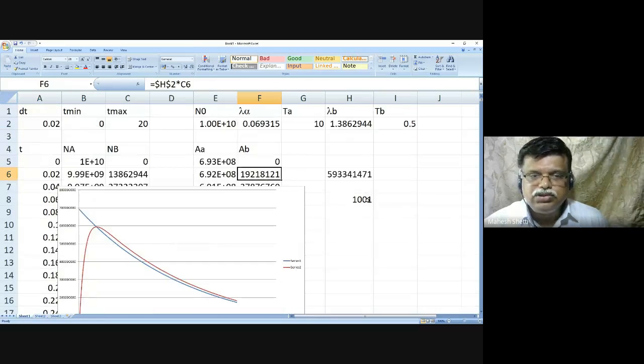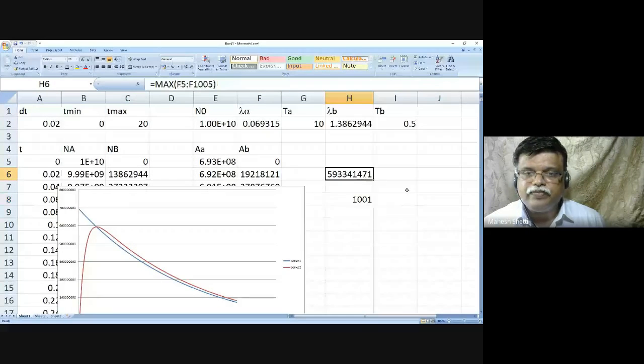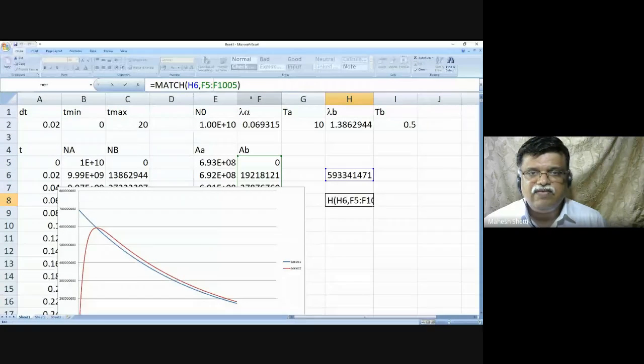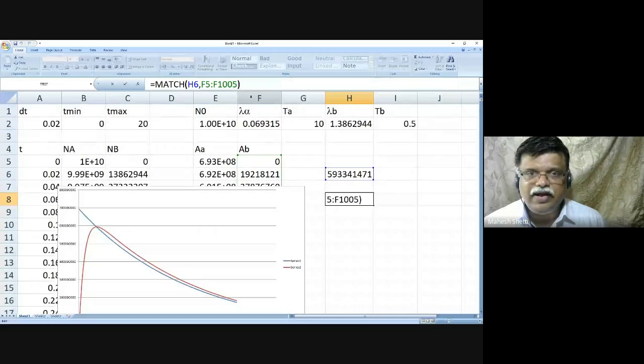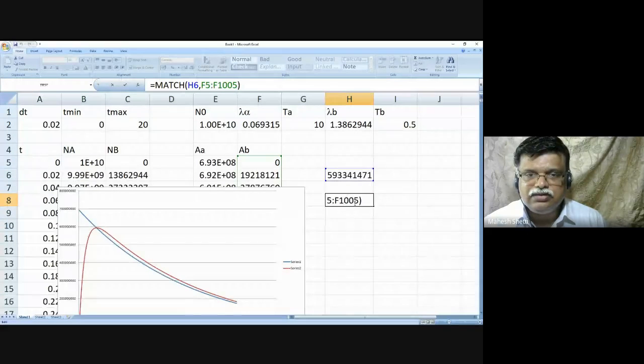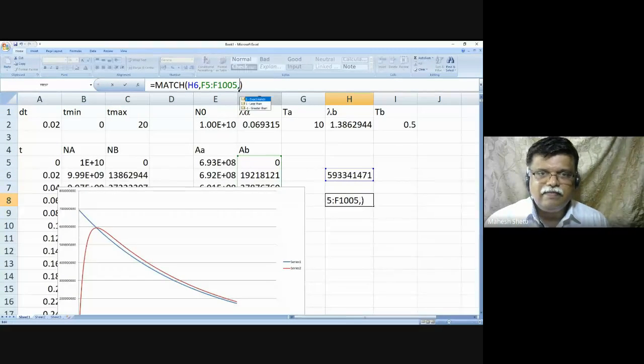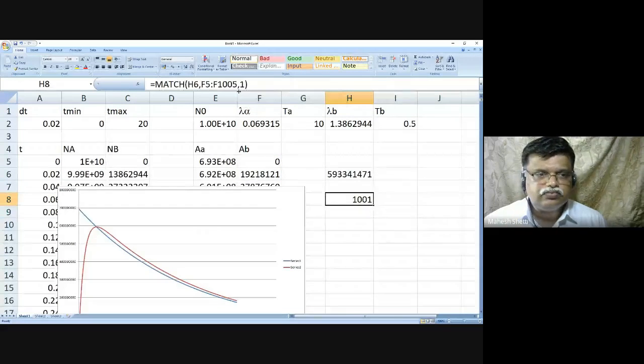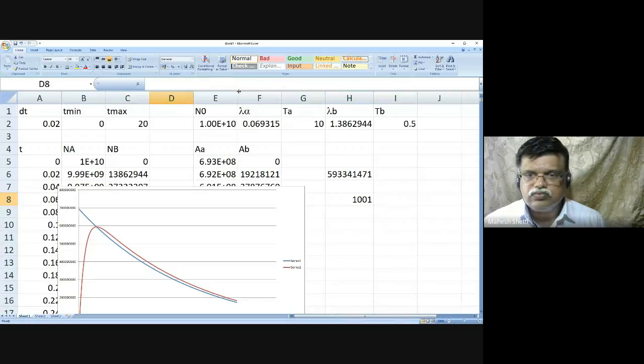Let me write here F5 to F1005. No, I didn't get the match for this, and I want the smallest number.